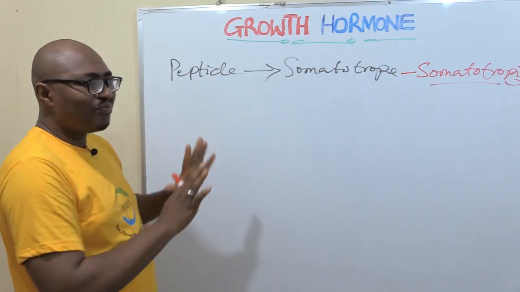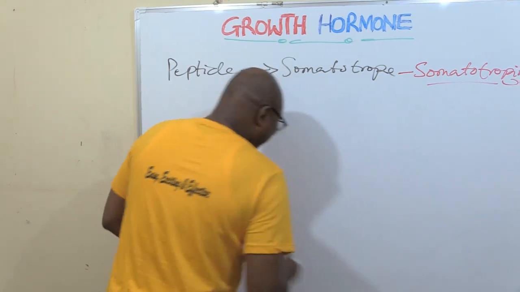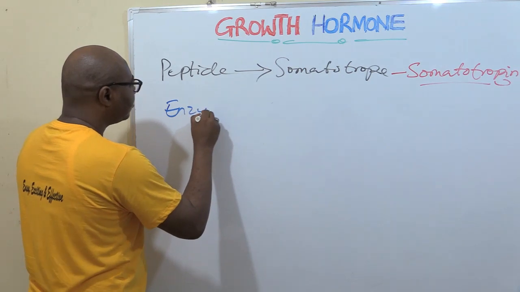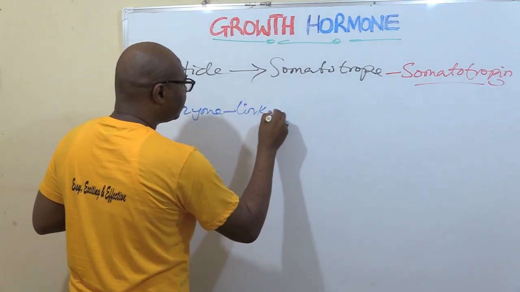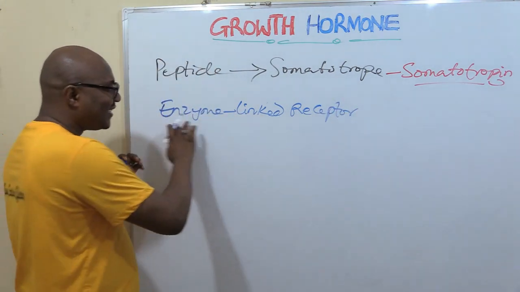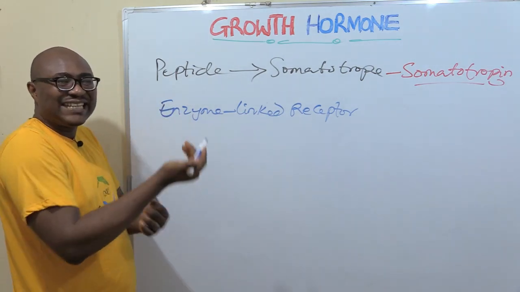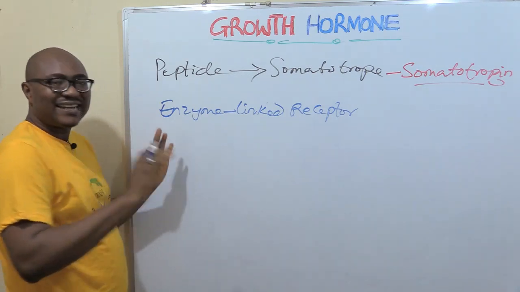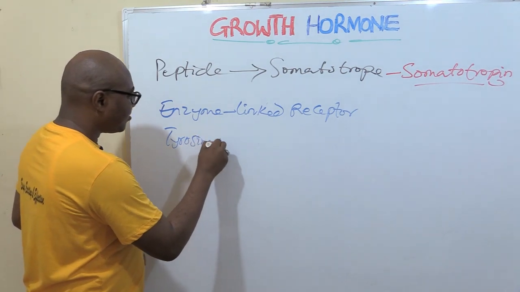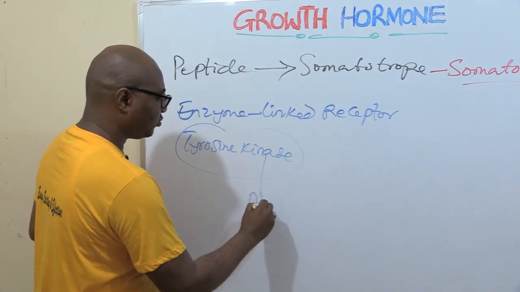Among those mechanisms, growth hormone uses the enzyme linked receptor mechanism, in the sense that the receptor has an intrinsic enzymatic activity, a tyrosine kinase. Anything kinase has to do with phosphorylation.